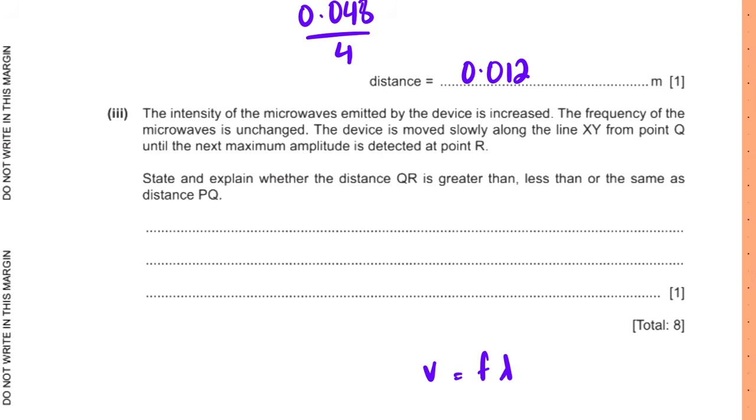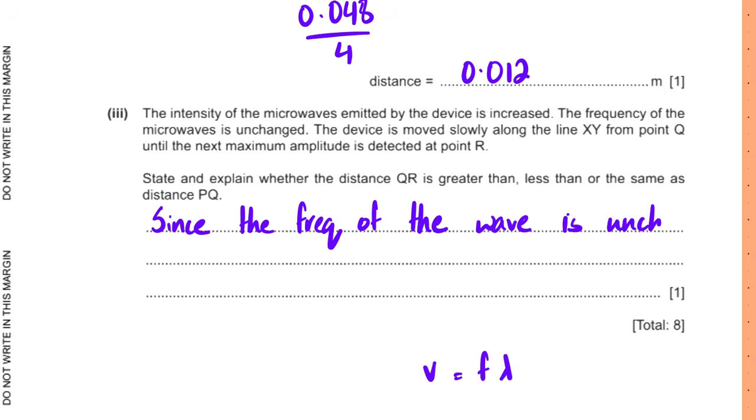So there's nothing related to the amplitude in this, right? So the frequency, or you can say that since the wavelength is unchanged, so the distance is the same, it does not depend on amplitude. So I'm going to say that since the frequency of the wave is unchanged, the distance QR, right?